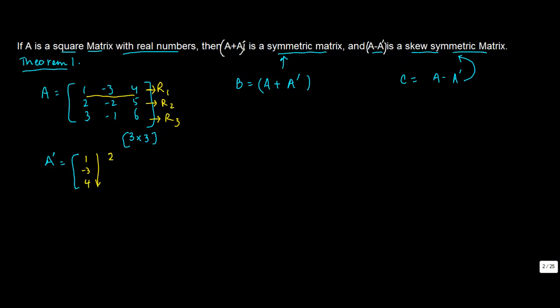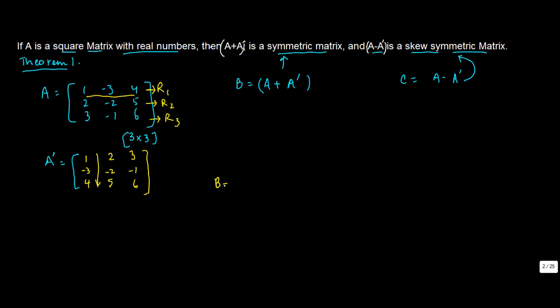Then you've got 2, -2 and 5, which is your row 2. Then row 3, 3, -1 and 6. Right?